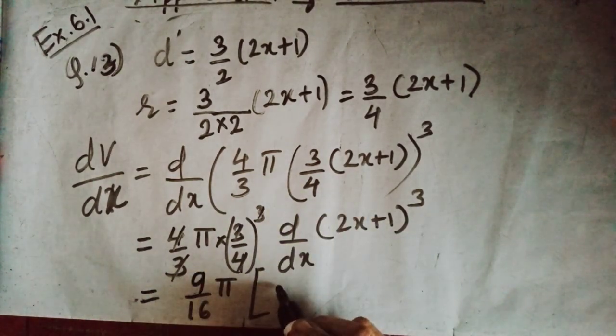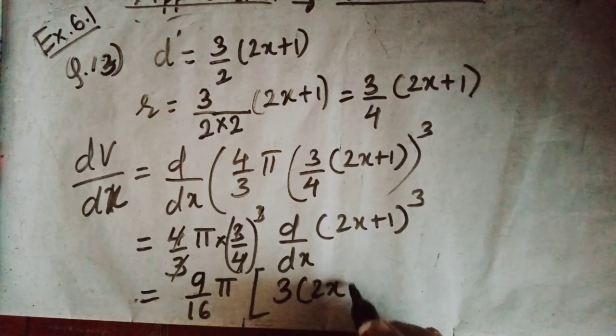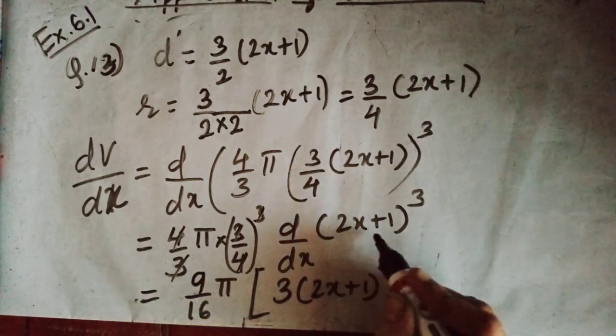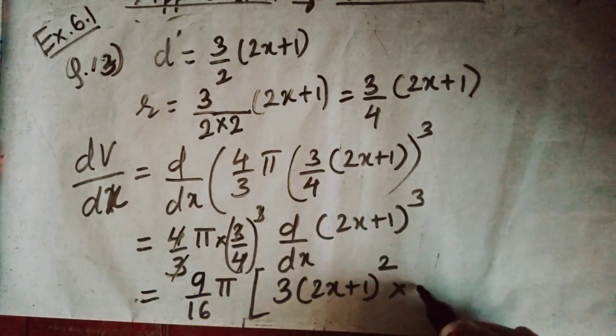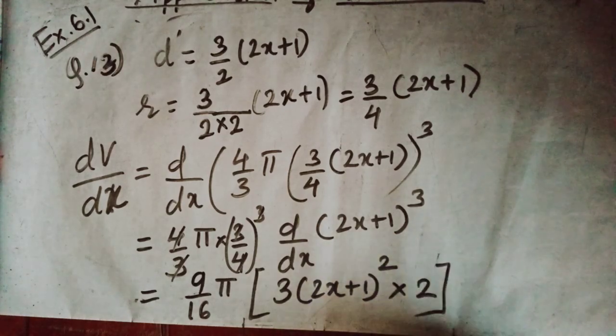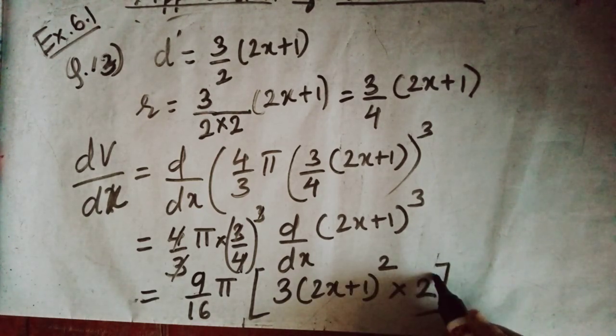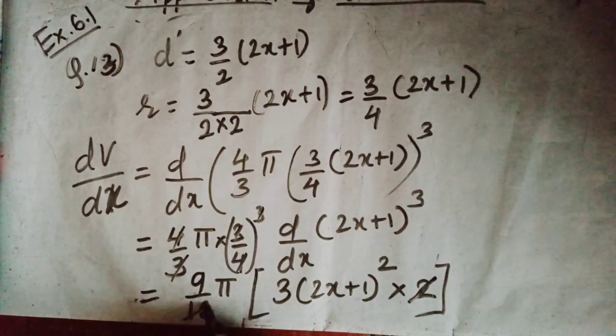Derivative of this will be 3 times (2x plus 1) squared, and then the derivative of 2x, which is 2. Okay, so you can cut this to 8.